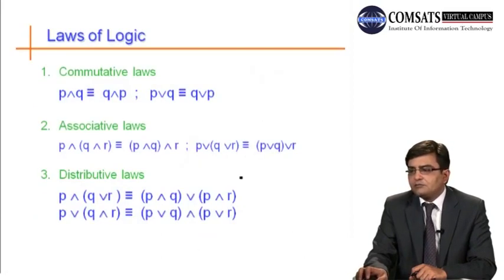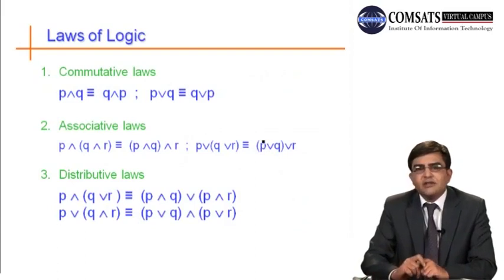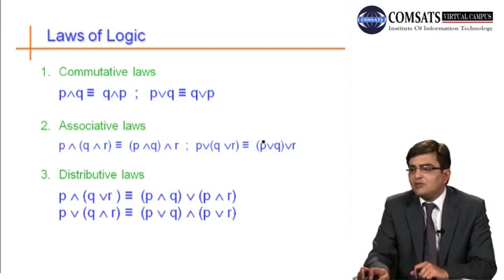Now we'll study some of the laws of logic. The first law of logic is the commutative law. The commutative law states that we can interchange the position of propositions.